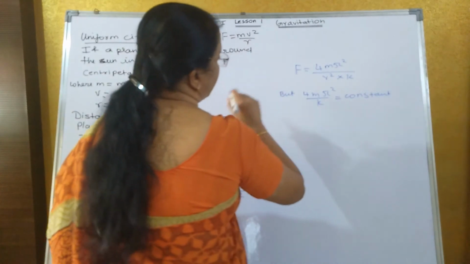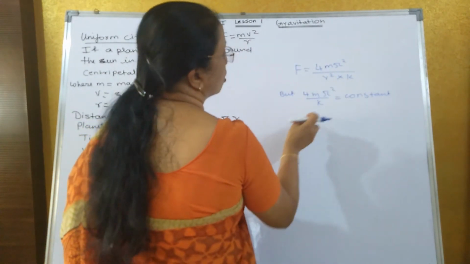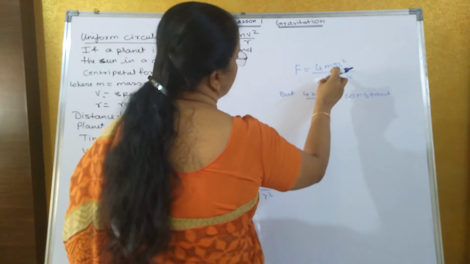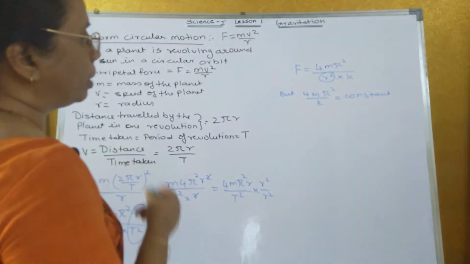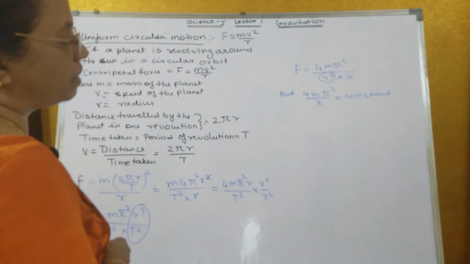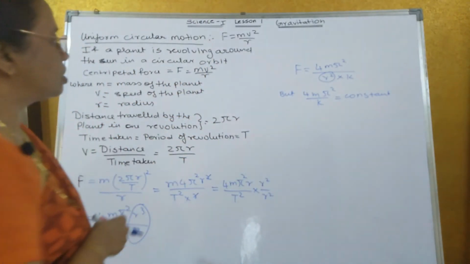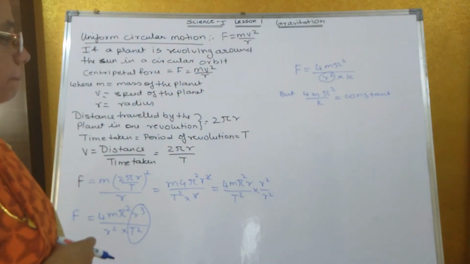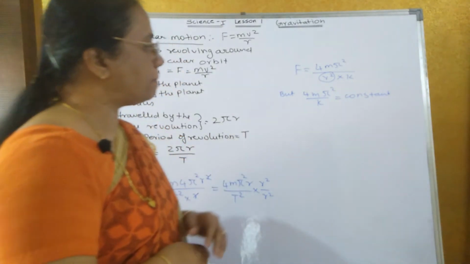The value of pi is constant, 4 is constant, the mass of the planet is constant, and k is also constant. So this full thing is constant. So it depends upon r square. So Newton concluded that the centripetal force is always inversely proportional to the square of the distance between the planet and the sun. That is how he was able to prove Kepler's third law mathematically.